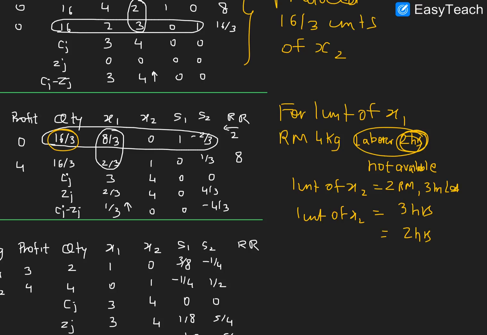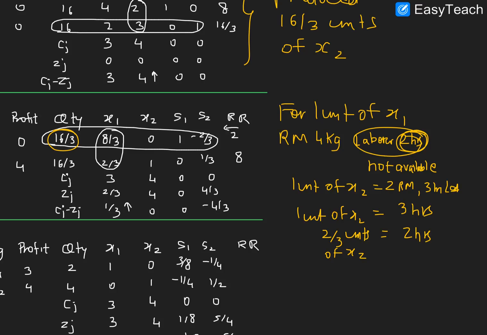Can I say we should be reducing our production of x2 by 2 by 3 units? So 2 by 3 units of x2 will be giving you 2 hours of labor, right?